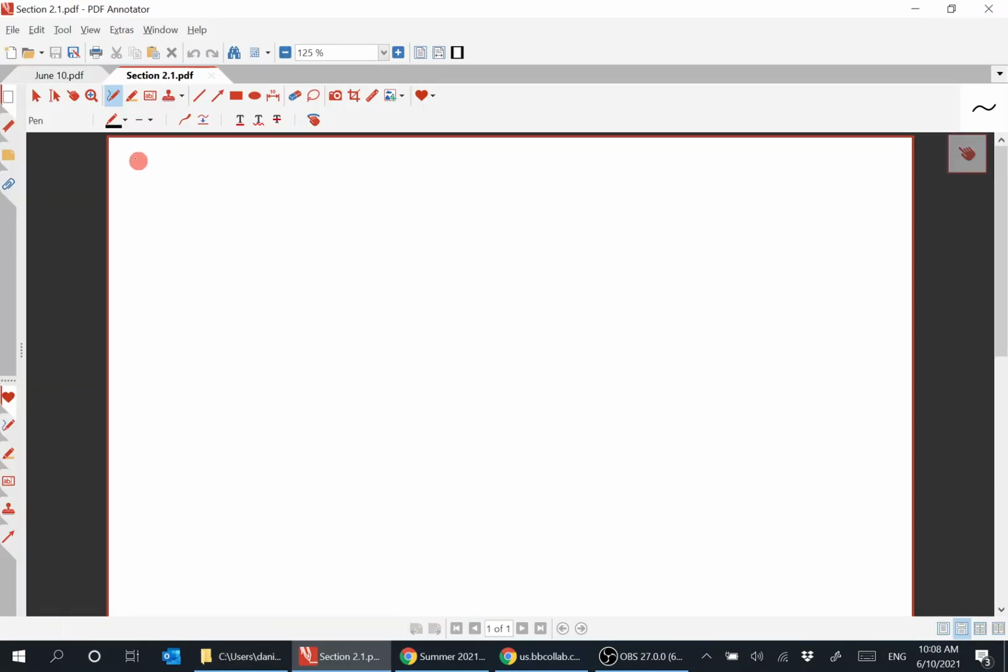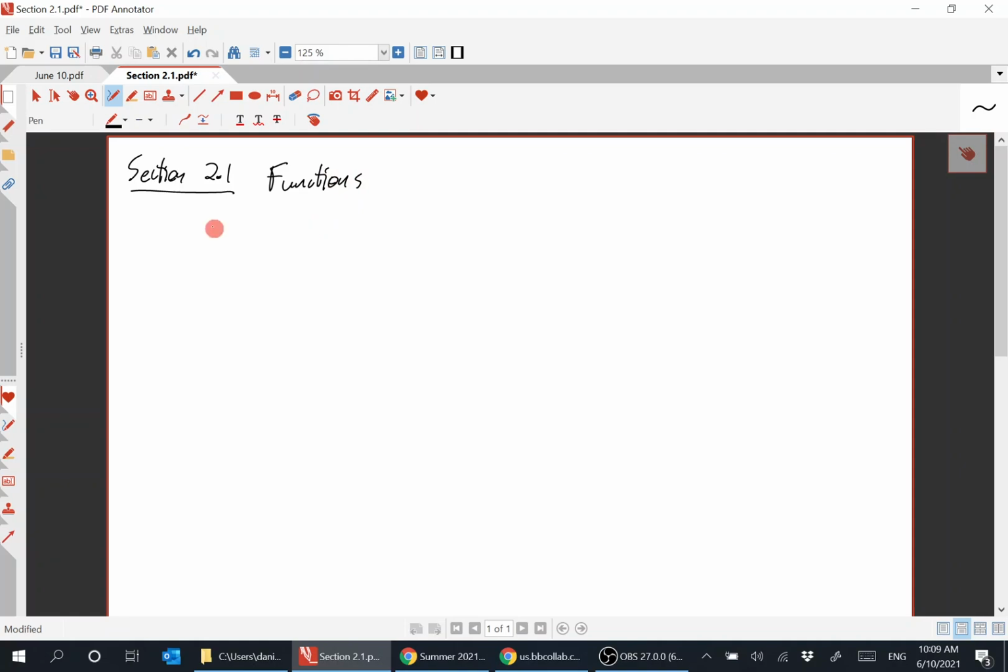So section 2.1 is on functions, an introduction to functions and what a function means.